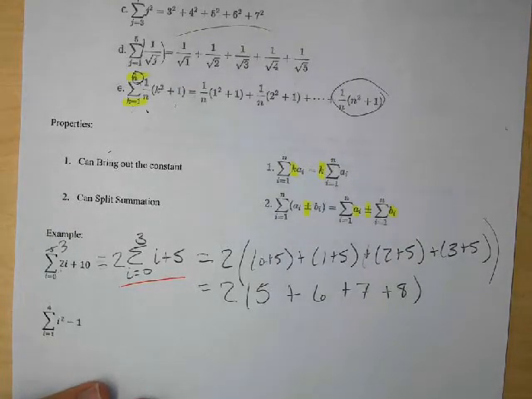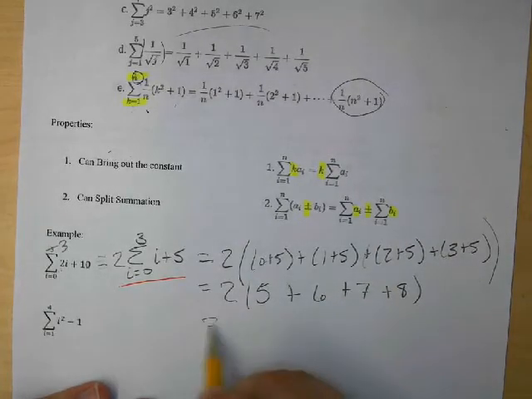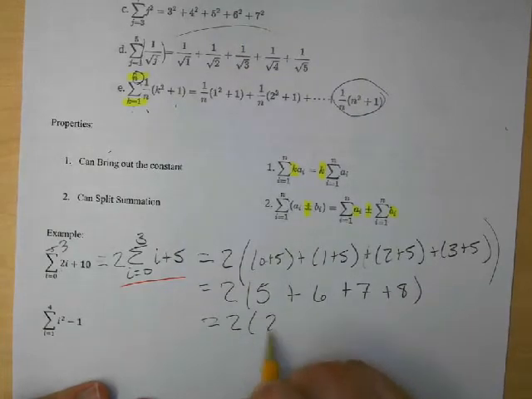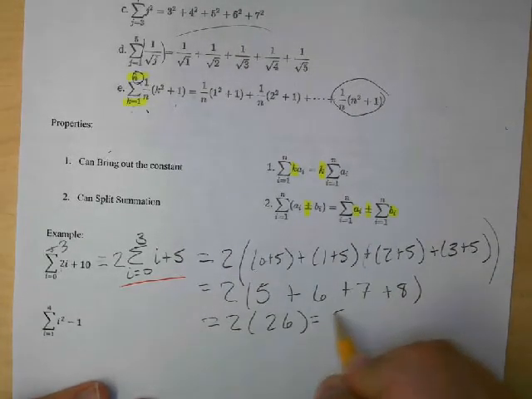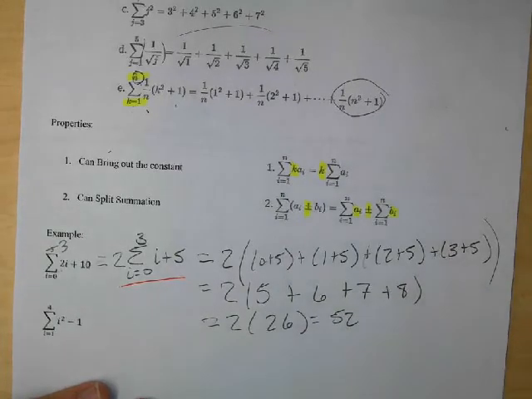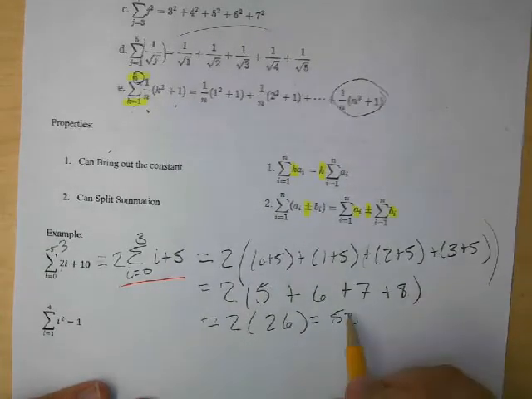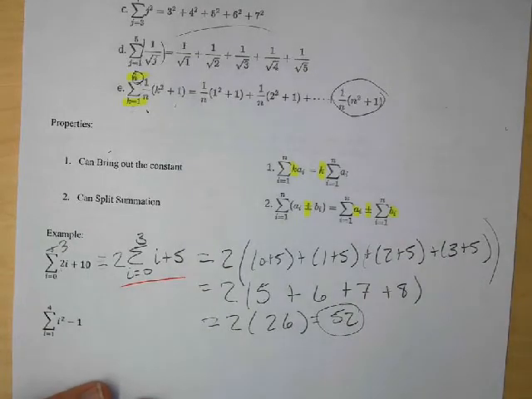So now we can simplify one step further. 5 plus 6, that's 11. 7 plus 8, that's 15. So that's just 26. So 2 times 26, that's 52 if I'm not mistaken. Someone want to check me? You're right. I'm right? Okay. Sweet. So this is 52.